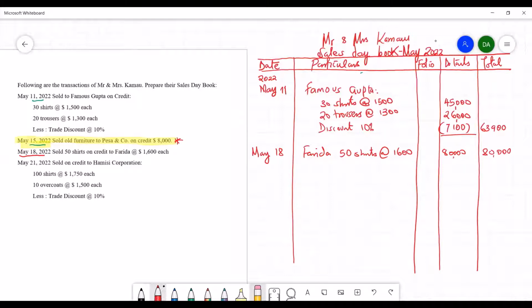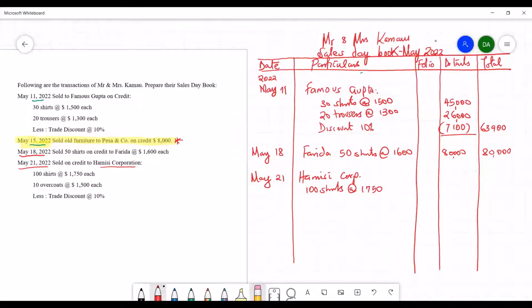The next transaction is on 21st May. Sold on credit to Hamisi Corporation. So we're going to have May 21st, Hamisi Corporation. To Hamisi Corporation, sold 100 shirts at 1,750.